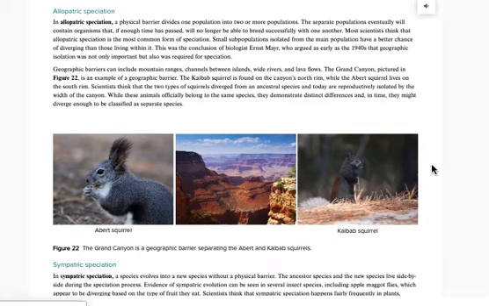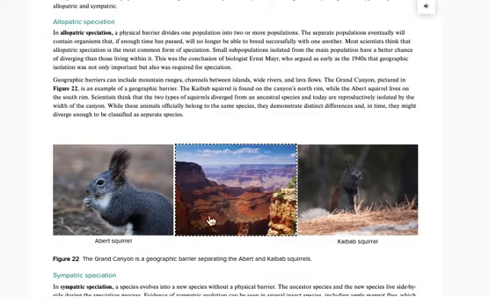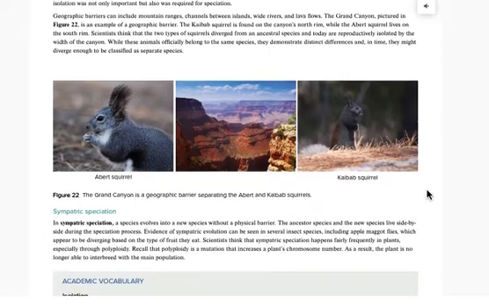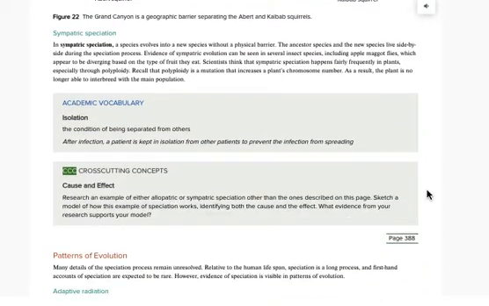Another type of speciation is allopatric speciation. Allopatric speciation is when there is a physical barrier, like the Grand Canyon here, that's separating types of squirrels. Eventually, these two squirrels get to a point where they can no longer reproduce or breed. Another type of speciation that makes new species is sympatric speciation.